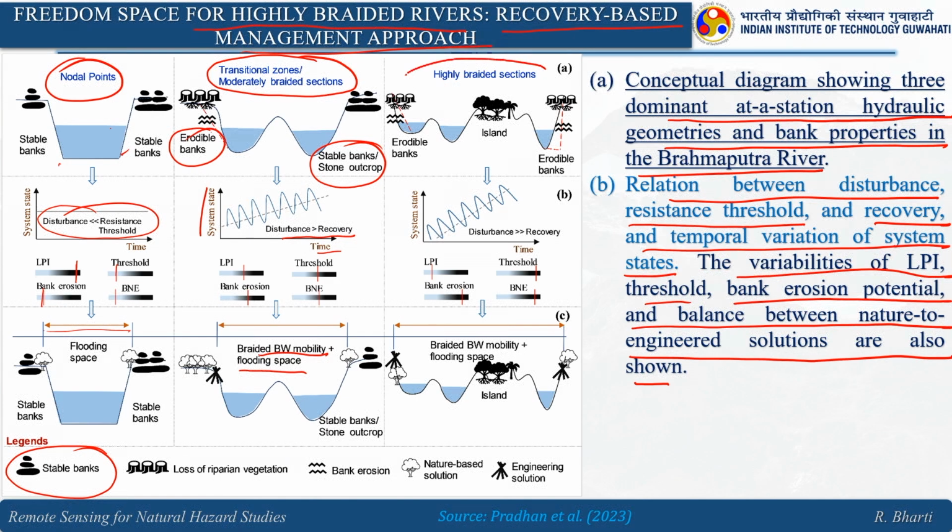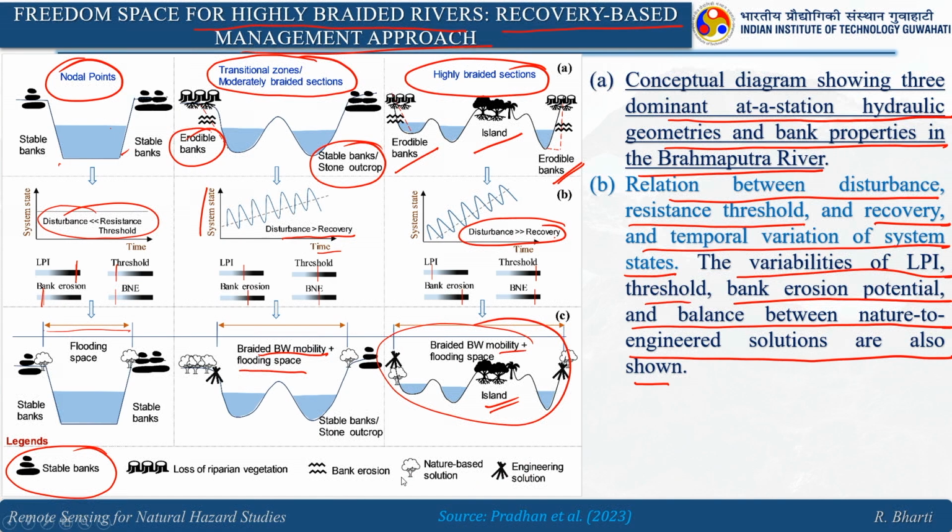In the third one where we have the highly braided section, here you have erodible bank, you also have islands and then again the banks. So, here you can see the disturbance is very high than the recovery. So, in such cases you will have the braided mobility plus flooding space and the islands formation.